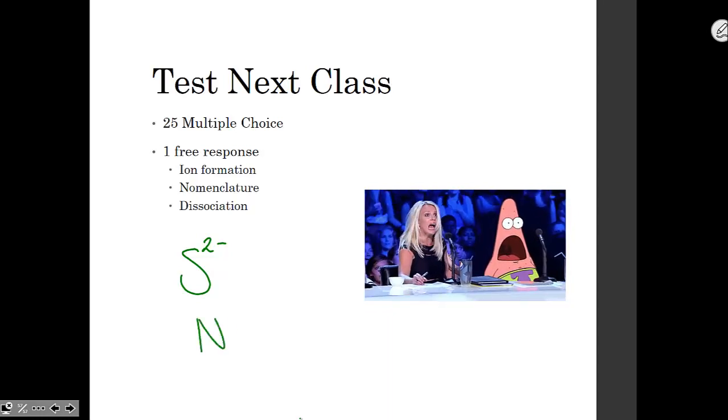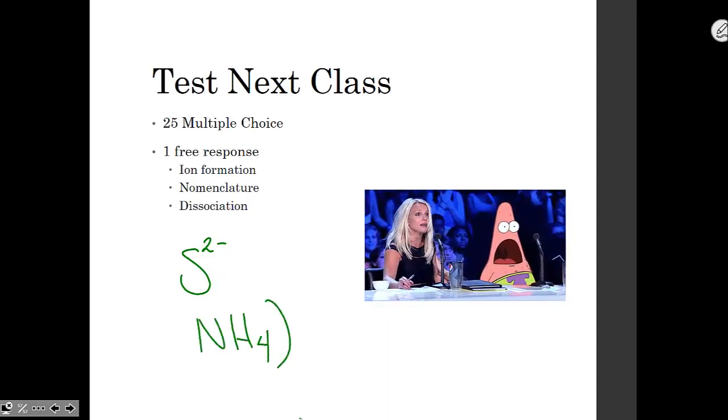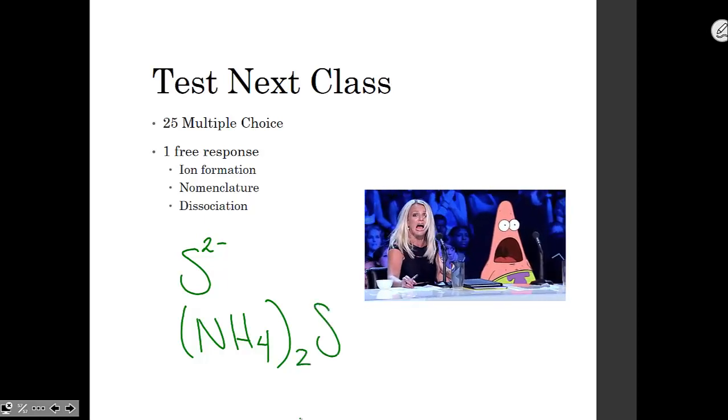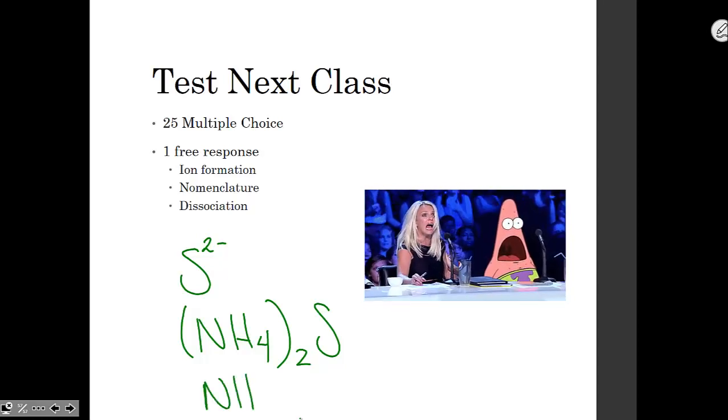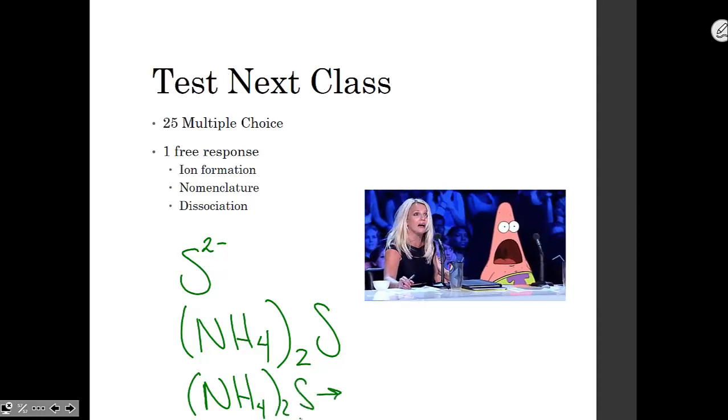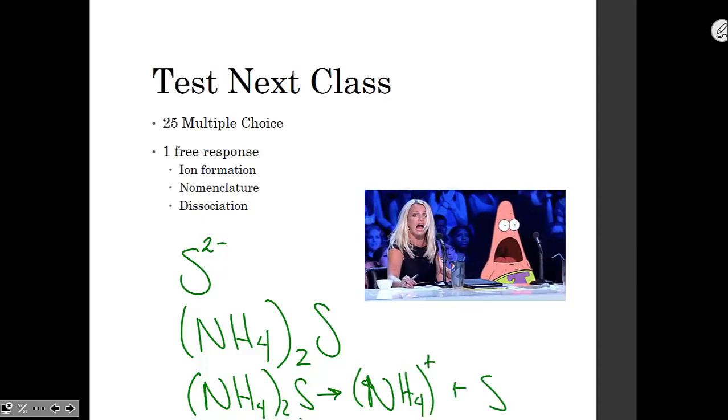And you would have to remember that ammonium is your only positive polyatomic ion. Ammonium's a +1, so it would take 2 ammoniums to neutralize a sulfide. Then I would say ammonium sulfide is highly soluble. When it's placed in solution, write the dissociation equation for ammonium sulfide. You'd have to do what we did in this video, where ammonium sulfide, the cation, is separated from the anion.